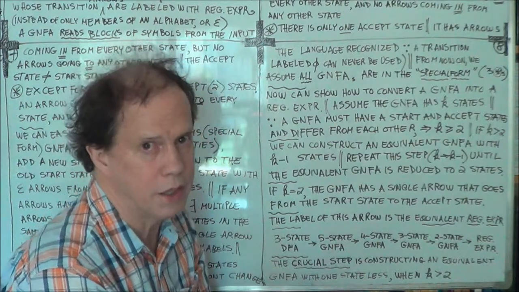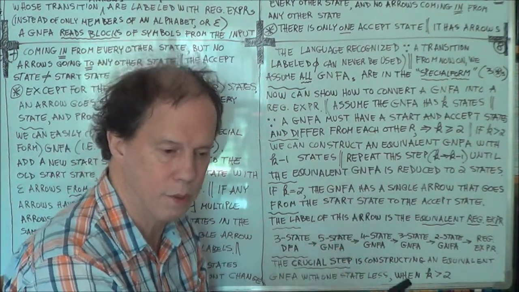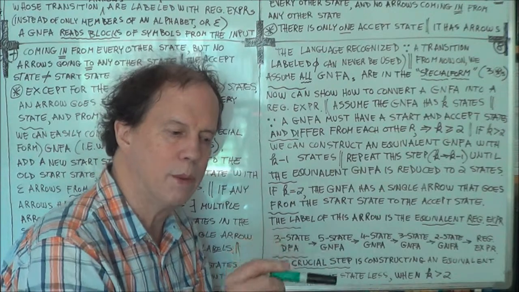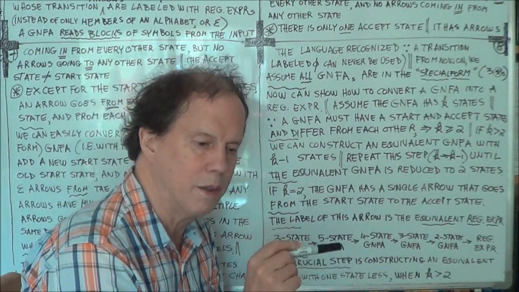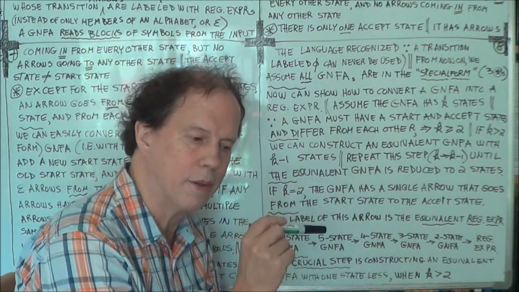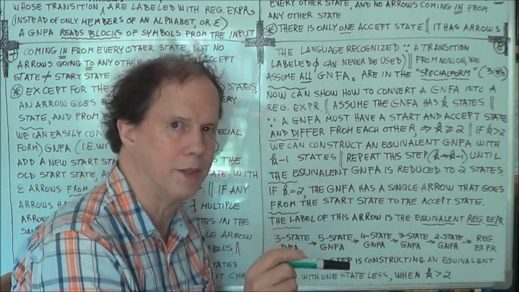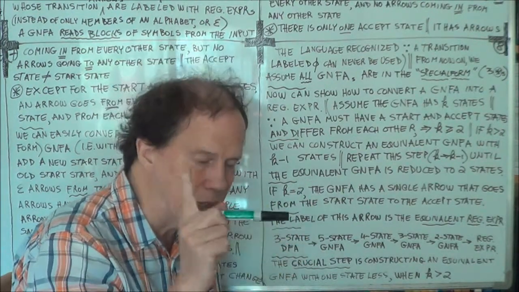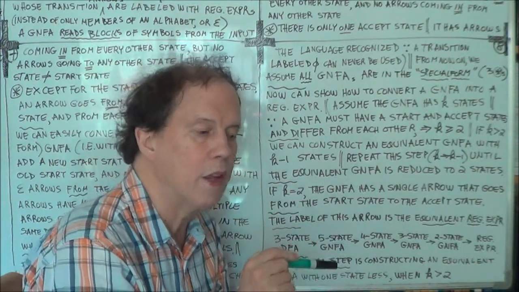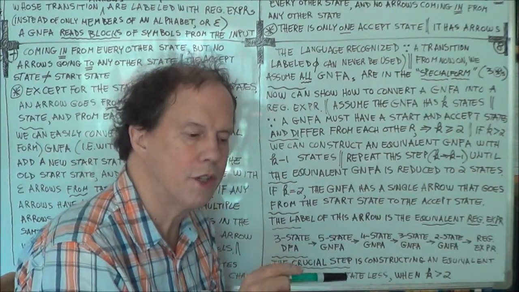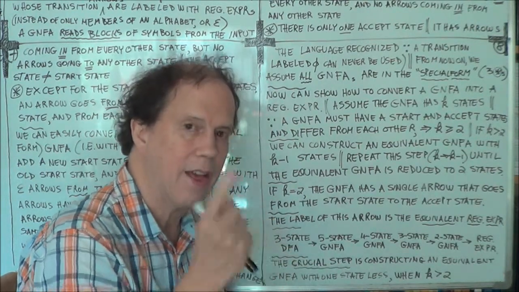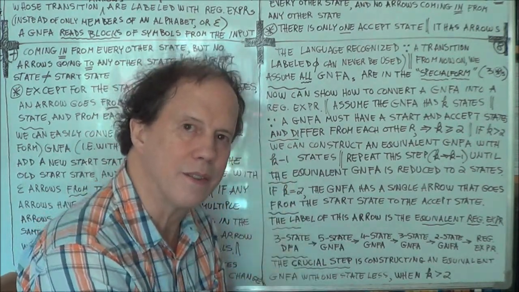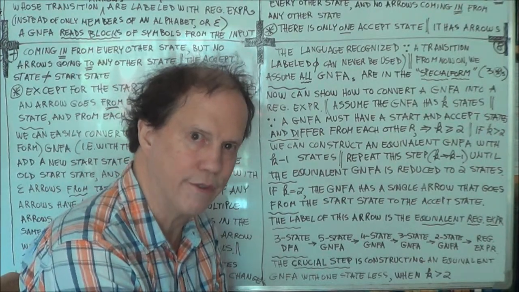You can keep doing that until you get down to just k equals 2. So you've only got 2 states now, one of them is the start state, the other one is the accept state. And interestingly, and this is the whole point, the label on the transition arrow between the start state and the accept state is the regular expression you're trying to find.